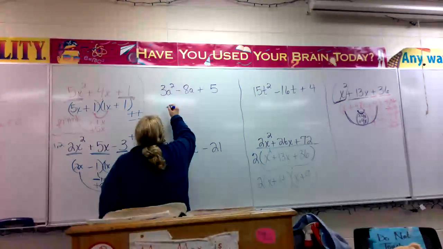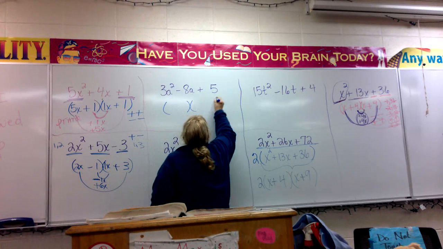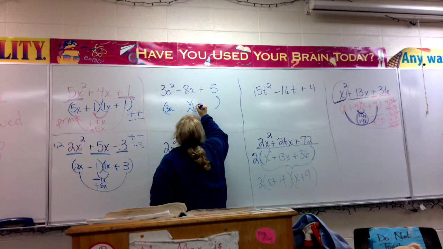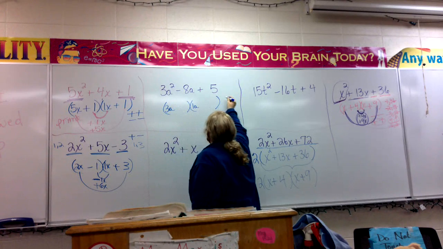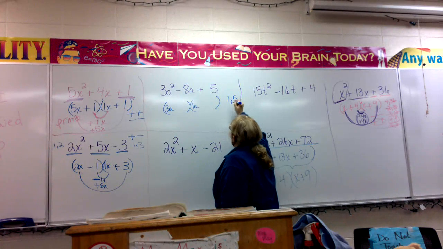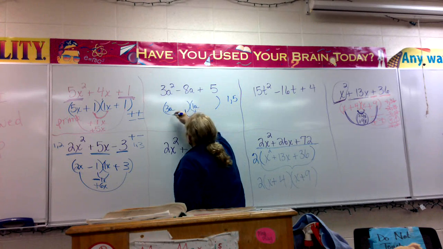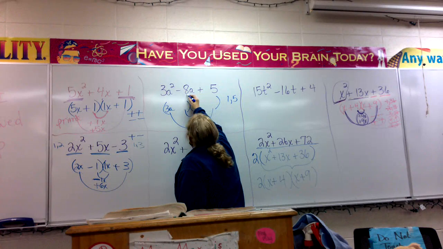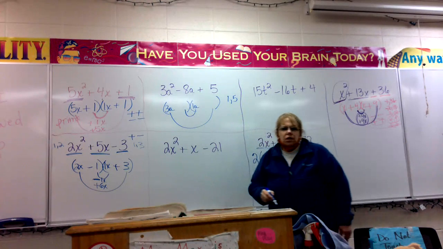How about this one? It's got to be 3a and 1a, doesn't it? And this one has to be a 1 and a 5. But remember, I want the combination that will add to 8.